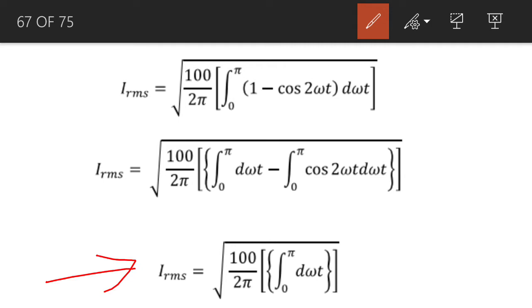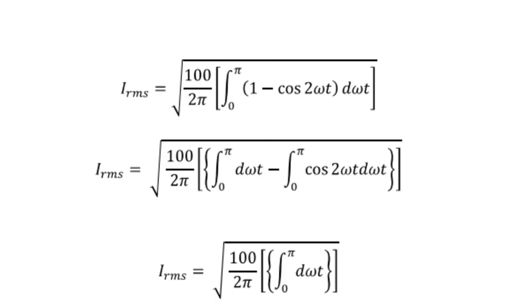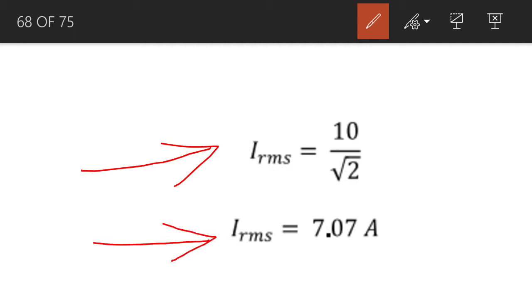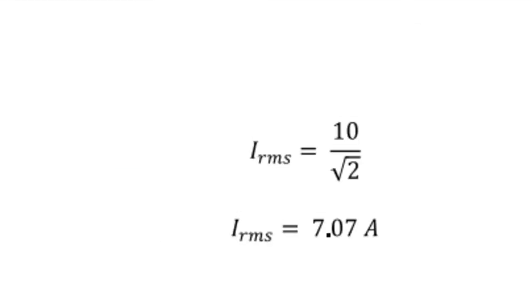Root mean square value of this time varying current will be equal to under root 100 divided by 2 pi, and then we have the integration of d omega t from 0 to pi, and you know that the integration of d omega t is omega t. So we simplify this equation. The root mean square value will be equal to 10 divided by under root 2, and the root mean square value is 7.07 ampere.